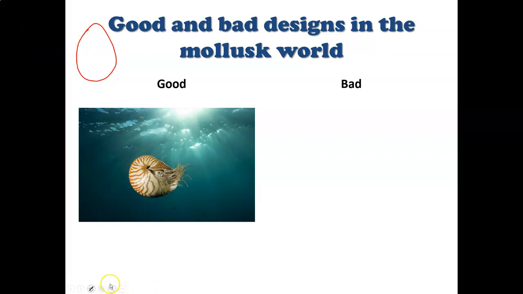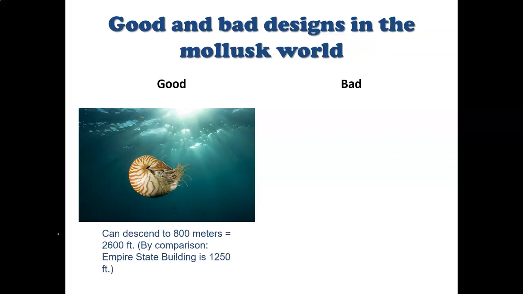And the ovoid shape, if you're not aware, is very, very resistant to pressure, right? Which is great for the nautilus because it lives underwater, right? So this nautilus, because of that shape, can actually go down about 2,500 feet, right? Which is extremely deep, extreme pressure.